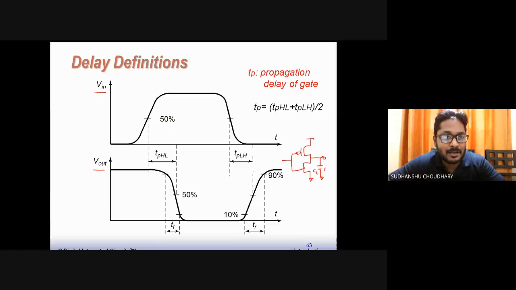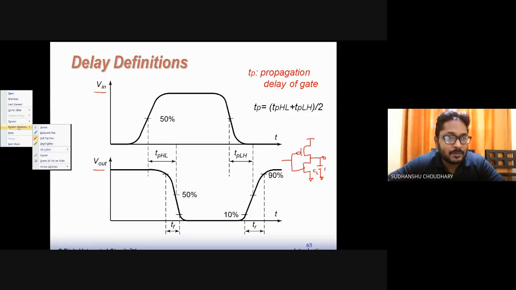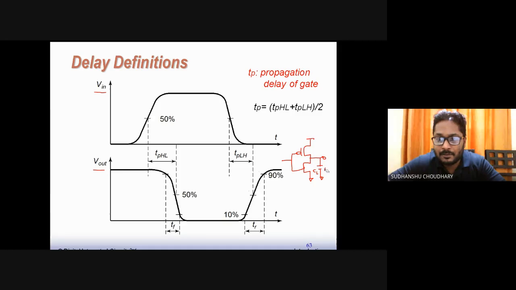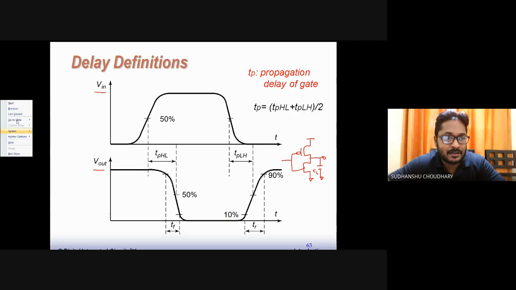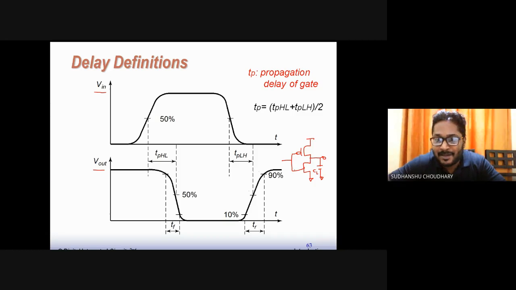So this TPHL and TPLH comes from the charging and discharging of this capacitor. When the capacitor is discharged, we say that TPHL is the time taken by the capacitor to discharge, that is, getting your output node from high to low.